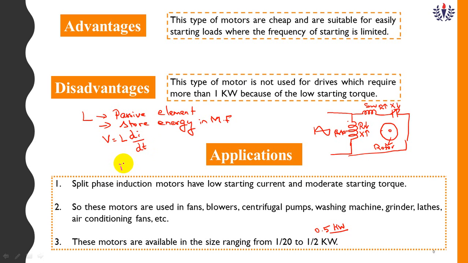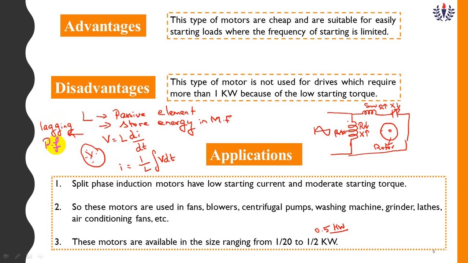In terms of current, I equal to 1 by L integral of V dt. This is very important to note down. And the inductance applies to the lagging power factor, it is lagging.